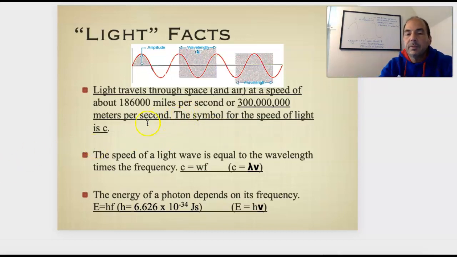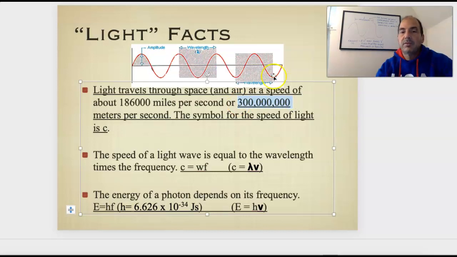The symbol for the speed of light is c. So c is always going to be 3 times 10 to the 8th, or 300 million meters per second for us. We use metric system. I gave you that number just as a reference, but this number is very important. Please make sure you have that down. C equals 300 million meters per second.